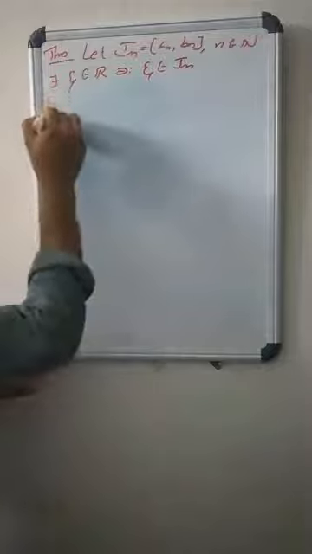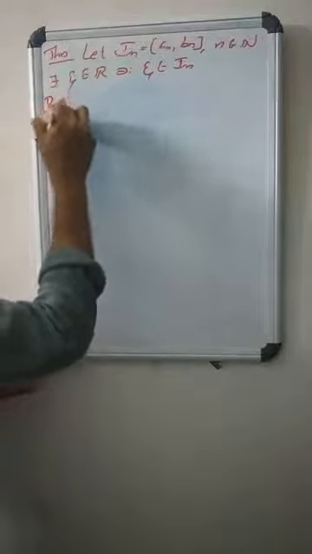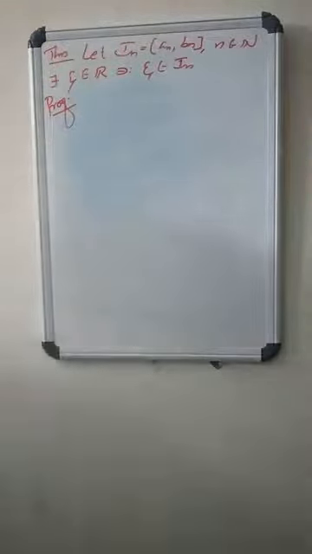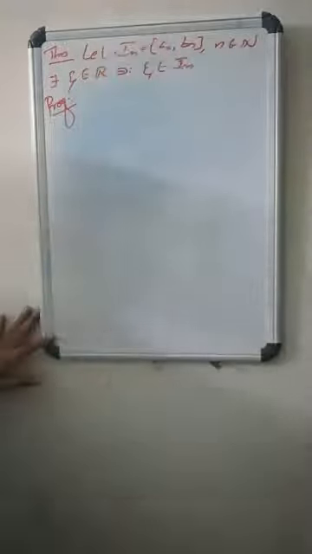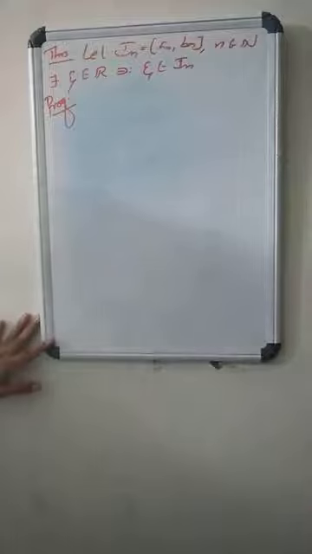So how to prove it? This can be proved using the following arguments. It is given that I_n equals the closed interval [a_n, b_n] is a nested sequence of closed and bounded intervals.